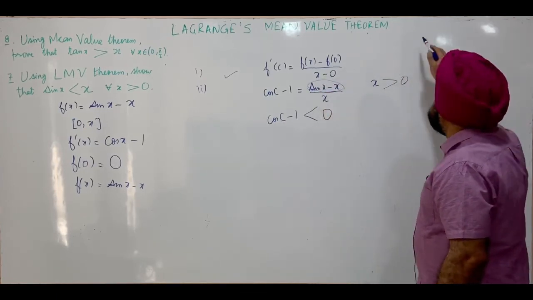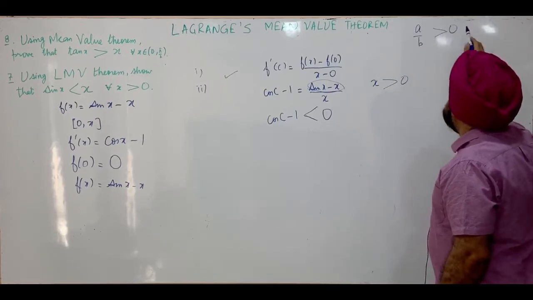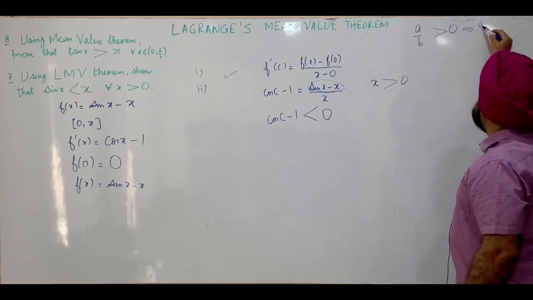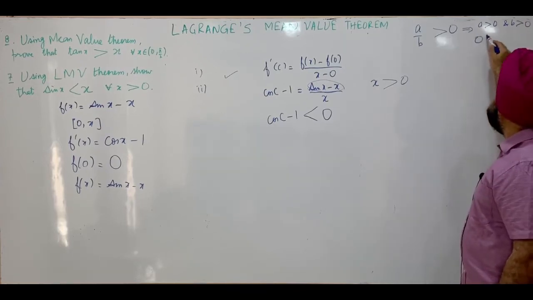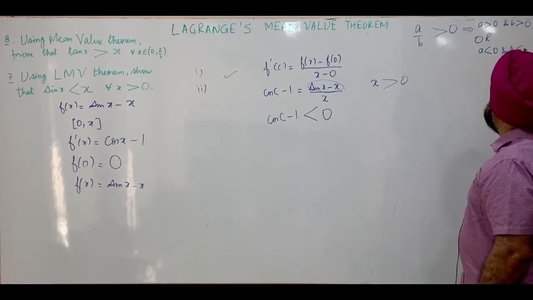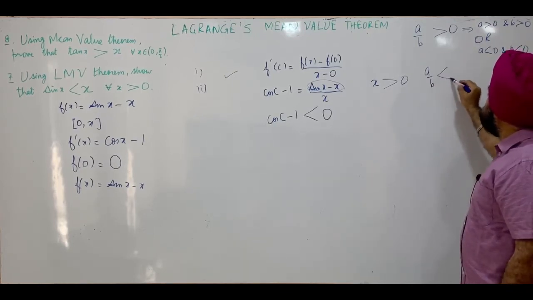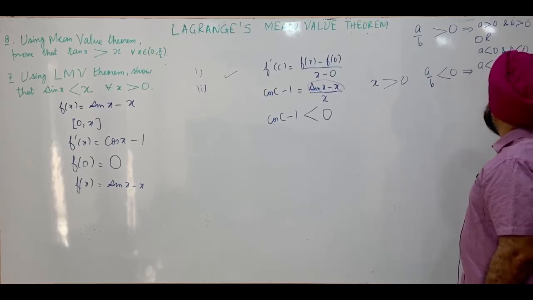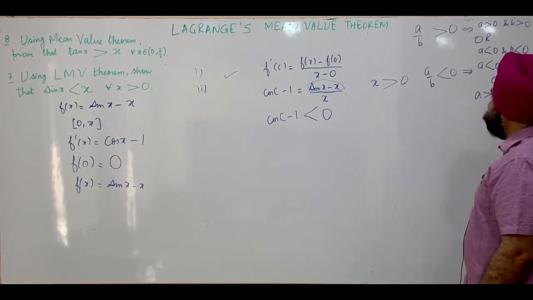So let us understand that if a upon b is positive, this means A is positive and B is also positive, or if A is negative, then B is also negative. And if A upon B is negative, this means A negative and B positive, or A is positive and B is negative.